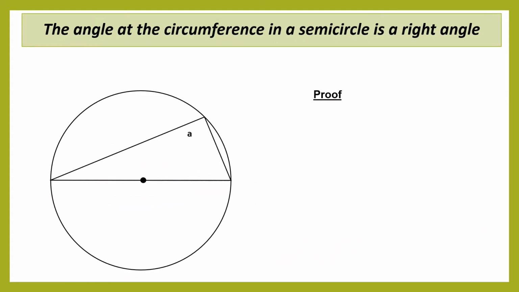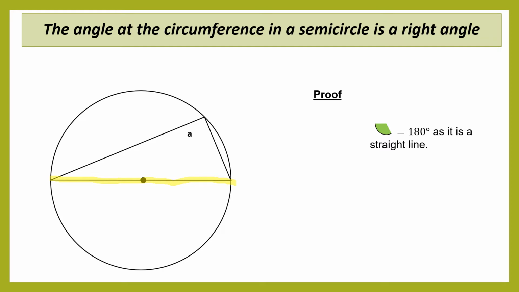To prove the angle in a semicircle is a right angle, we have to say the angle on a straight line, which I would say is on my diameter, from this part to this part, it is my straight line. The angle on a straight line is 180 degrees.